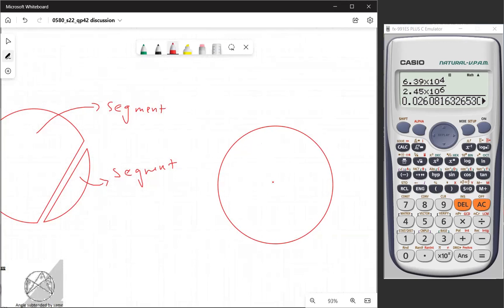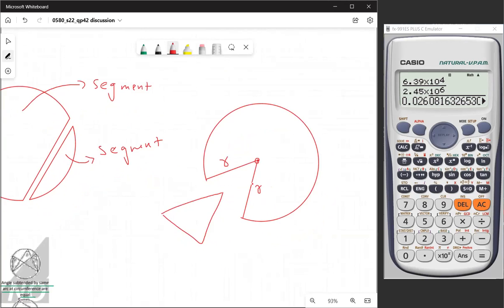If you make a circle and from the center you take two radii like this, R and R, then you separate this from here. Both of these are sectors, like a pie. This is a sector.